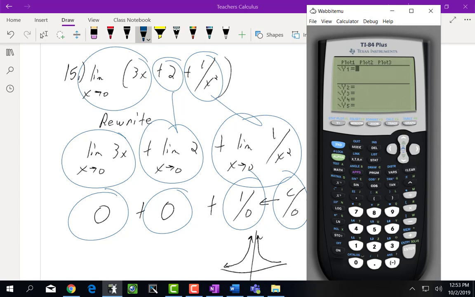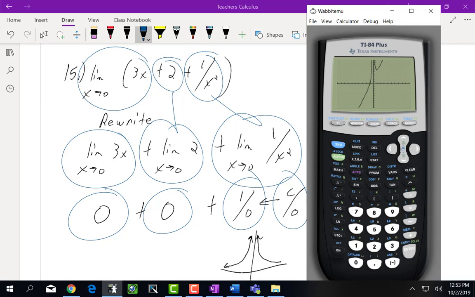type into your calculator 3x plus 2, then plus 1, and divide by x squared. So it's your graph key. And we can see from our graph that both the left and the right are heading to infinity.